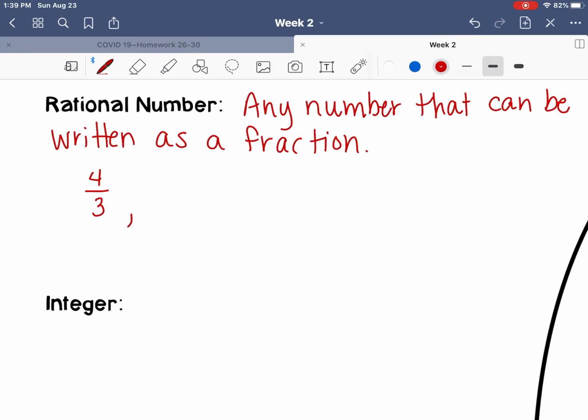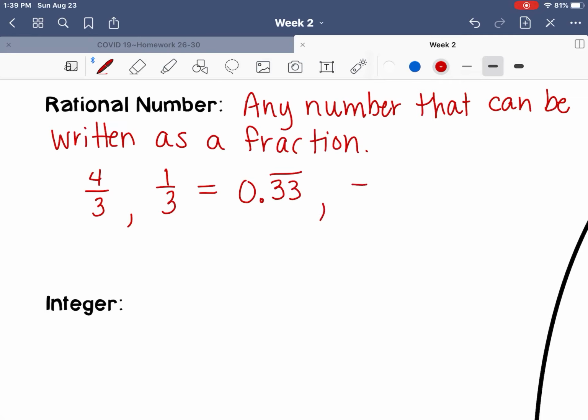The number 1/3 is a rational number because you can write it as a fraction. The number 1/3 is also equal to the decimal 0.33 repeating, 0.333 for the end of time. So both of those are considered rational numbers.